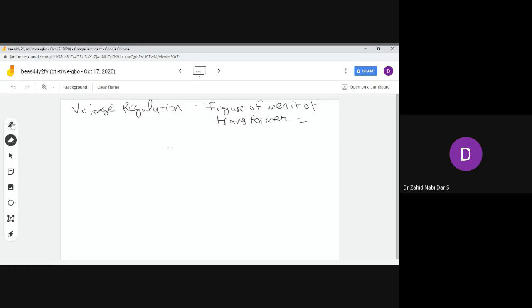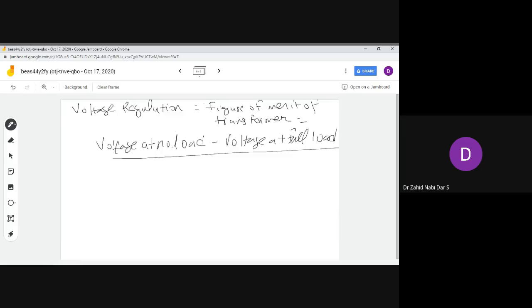Voltage regulation, if we write it, would be basically voltage at no load minus voltage at full load, divided by voltage at full load. Dikshita, tell me, what is voltage regulation? So it would be voltage at no load minus voltage at full load.